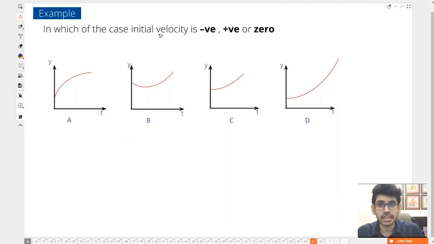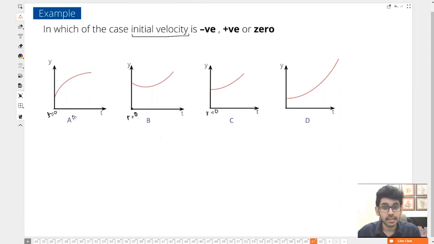Everybody. In which case is the initial velocity, or velocity at t is equal to 0, that means velocity here at t is equal to 0, initial velocity, negative, positive or 0? Okay, everybody in the chat, will it be negative in A or positive in A or 0? Negative, positive or 0?